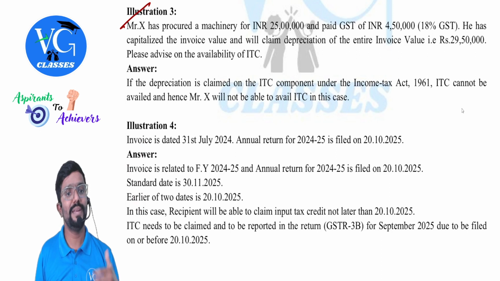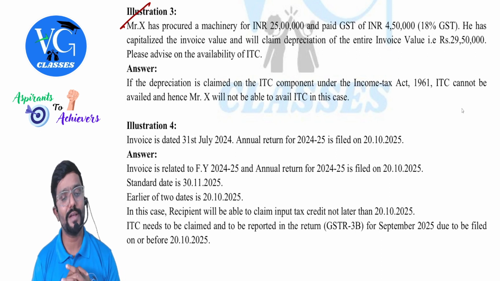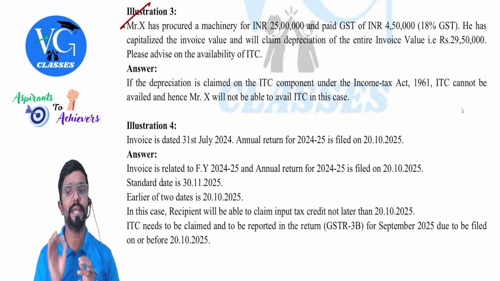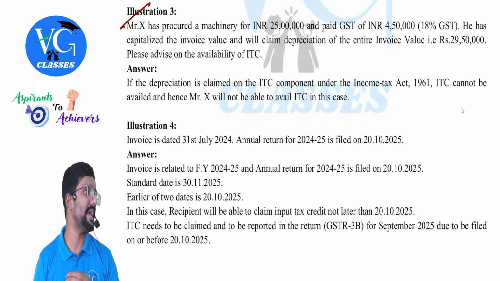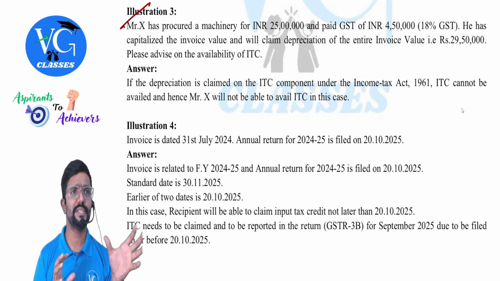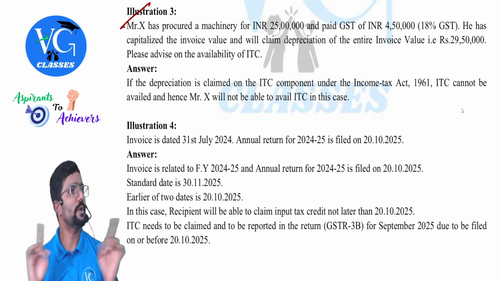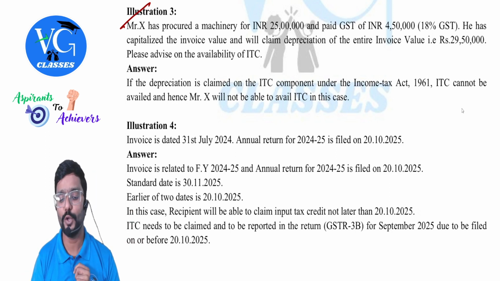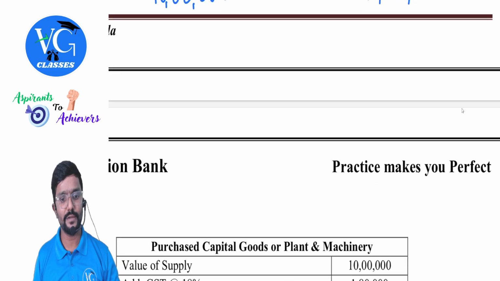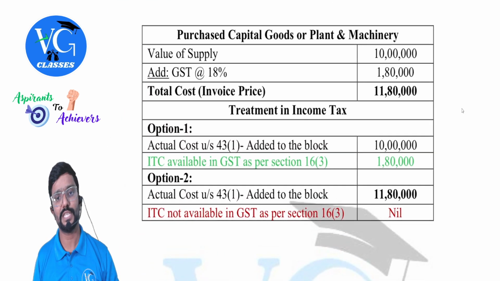Is credit available under GST, guys? No. Please advise on the availability of input tax credit. If the depreciation is claimed on the ITC component under the Income Tax Act 1961, ITC cannot be availed, and hence Mr. X will not be able to avail ITC in this case. Okay, either depreciation or ITC, not both. Is that clear? Yes. Just make a note of this. First, you take down the example, then you will take down the chart.